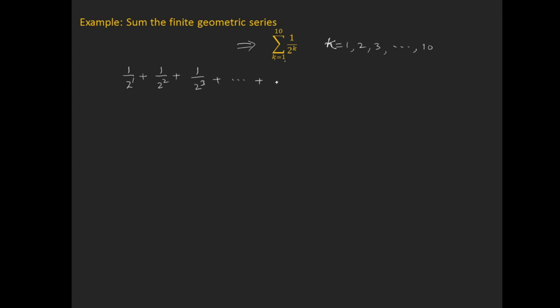And at the end we will put k equal to 9, then 10, so 1 by 2 power 9 and then 1 by 2 power 10. If we look at this series, each time 1 by 2 is multiplied to get the next term.